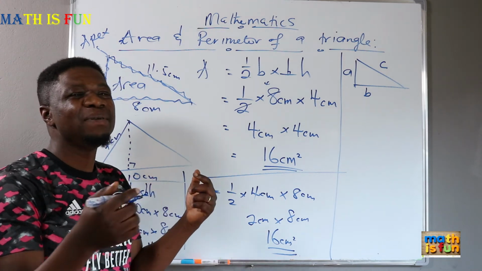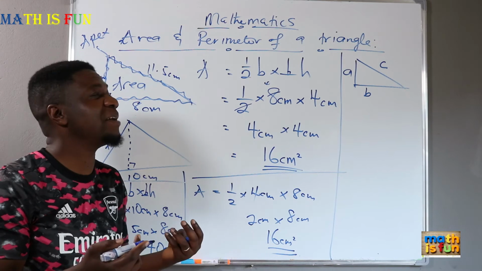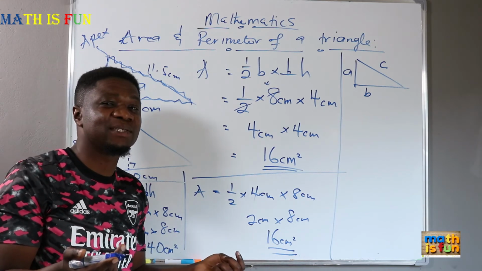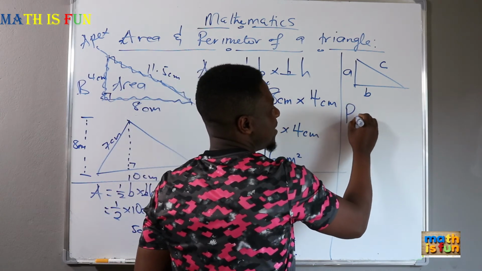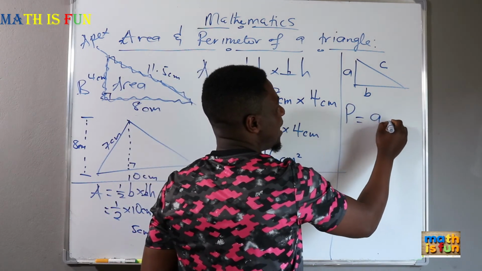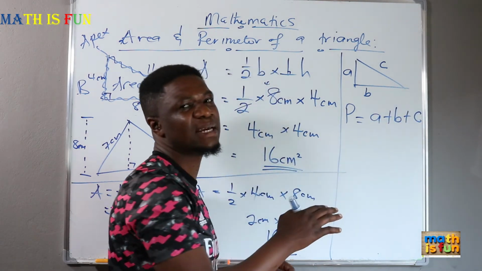ABC simply means that we don't know the dimensions given, but we have 3 sides of a triangle. So basically, you will say that perimeter is equal to A plus B plus C.